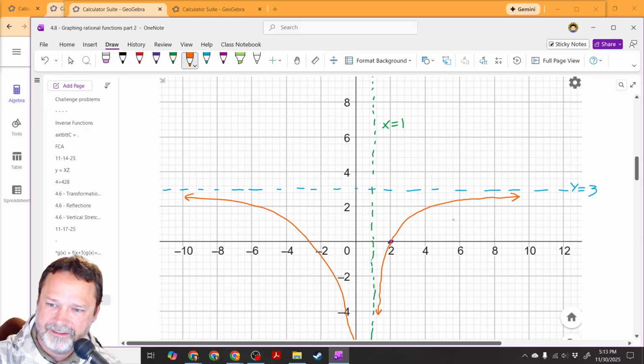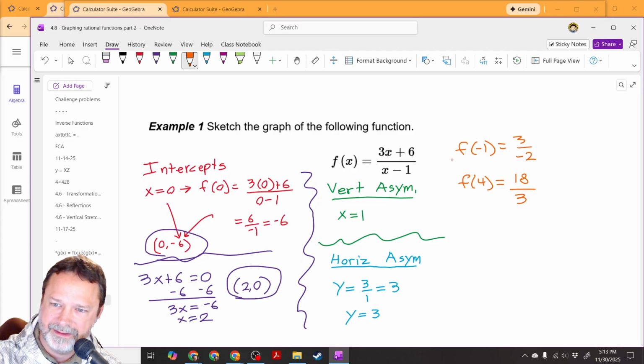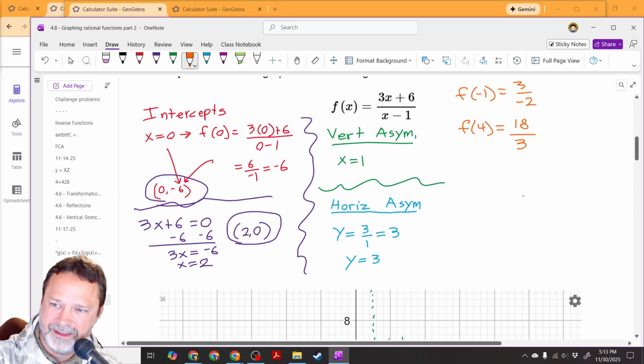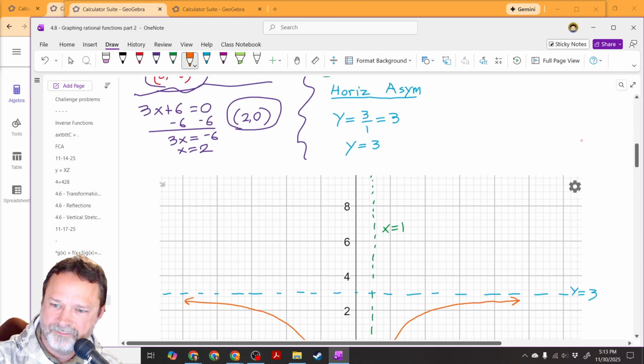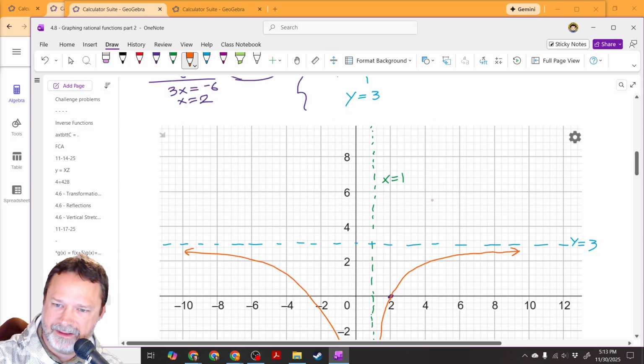So f of 4: 3 times 4 is 12, plus 6 is 18. 4 minus 1 is 3. So f of 4 is 6. So 4 comma 6. Oh, look at that. 4 comma 6.